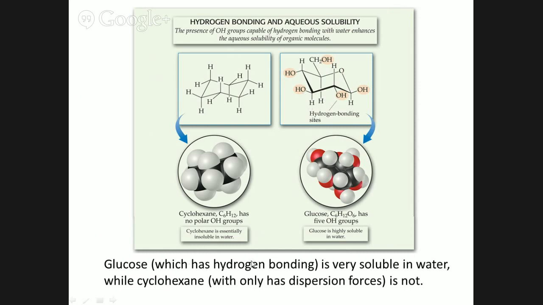Well, glucose, very soluble in water, while the cyclohexane is not. So here we would have something with this not symmetrical polar aspect, dissolvable in the water, whereas the hexane is not. Again, easy example, oil and water don't mix. Sugar and water, no problem.